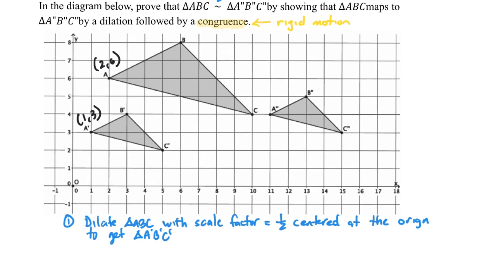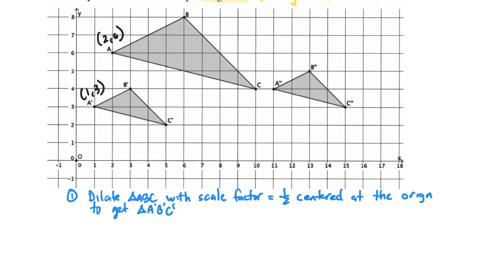And then once I get there, it's just a matter of translating. Notice that triangle A prime, B prime, C prime is the same as A double prime, B double prime, C double prime. So now it's just a matter of a translation. So now I'm going from A prime being at (1, 3) to A double prime being at (11, 4). So we are going to translate triangle A prime, B prime, C prime.